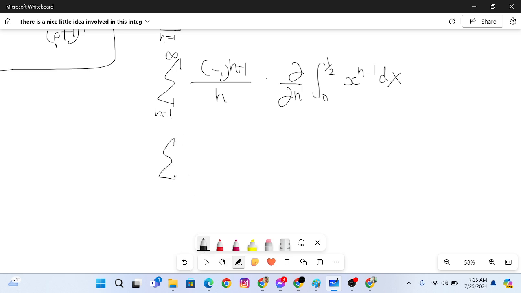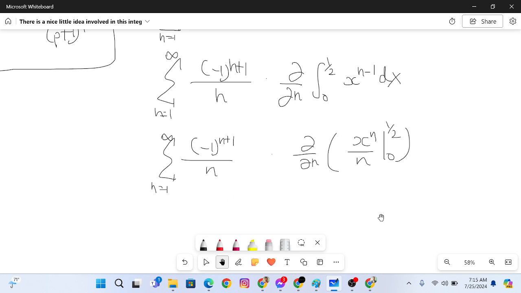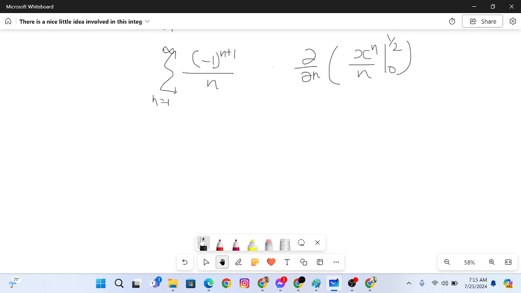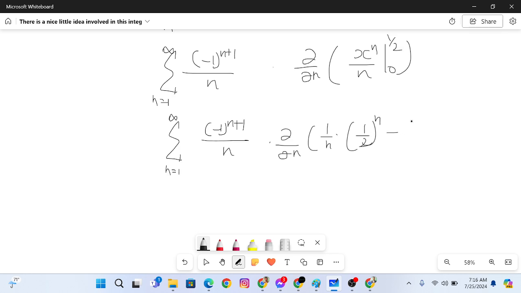Now we have the sum from n equals 1 to infinity of (-1)^(n+1)/n, and the partial derivative with respect to n of x^n / n evaluated from 0 to 1/2. Next, this is the sum from n equals 1 to infinity of (-1)^(n+1)/n, and over here this will just be 1/n times (1/2)^n minus 1/n times 0^n.